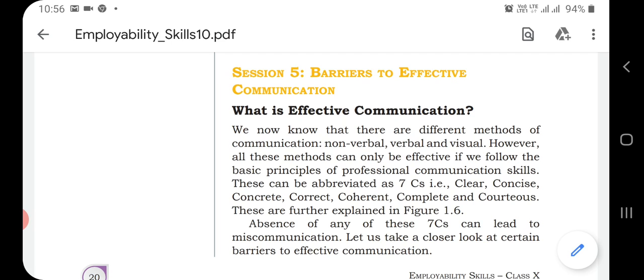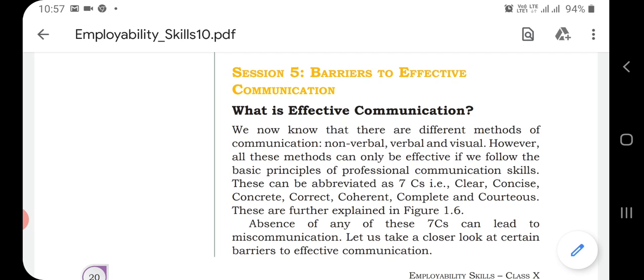All these principles are needed to be formal, to be professional in your communication. These can be abbreviated as 7 C's, because all the 7 principles start with C.